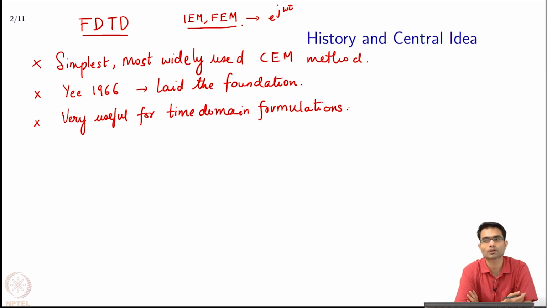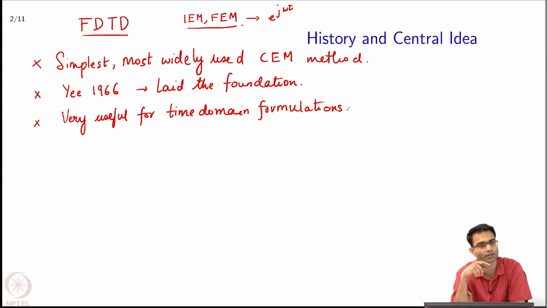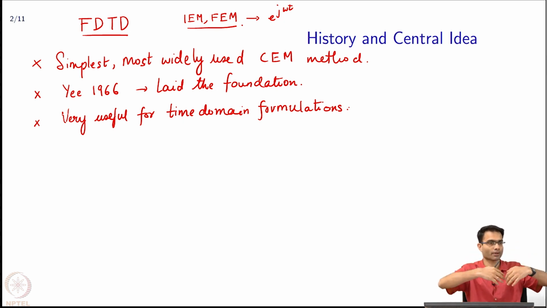Can you think of some examples where the problem is naturally posed in the time domain? If I want to see how a wave propagates, so a wave propagating like e to the j omega t from a pulse, right. So, like a pulse is traveling and you want to see how it goes in.